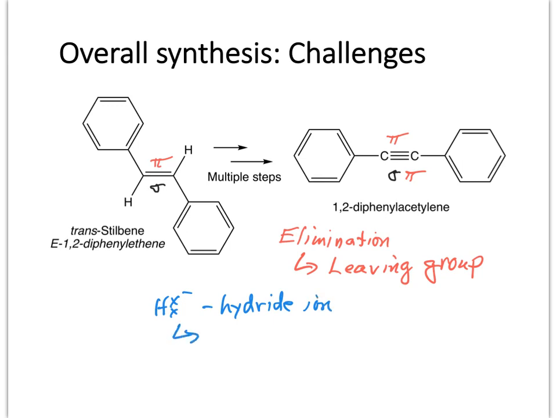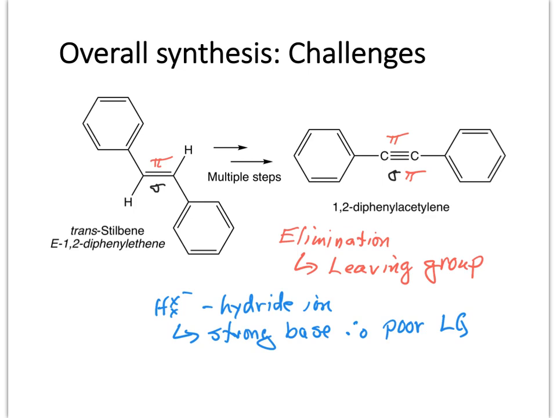And a hydride ion is a very strong base, and so it makes a very poor leaving group. So we can't do a direct elimination because we've got a poor leaving group there.